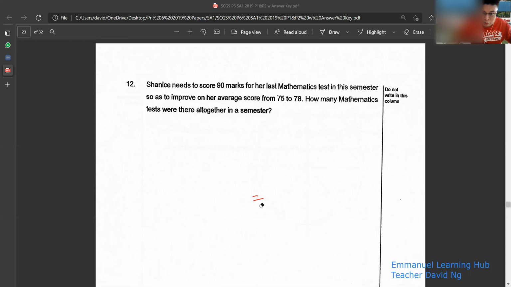So may as well get adjusted to algebra first. In Sec 1, they still have this kind of question, but they don't allow you to use this funny method. The school will insist on using algebra. So why don't have a head start on algebra first? That's my suggestion to you.